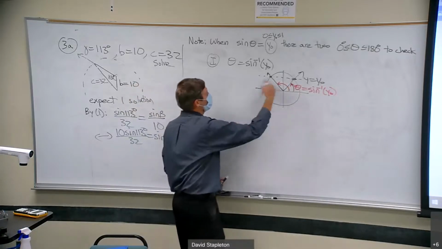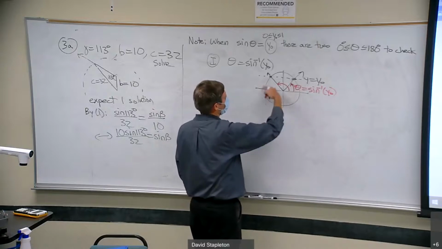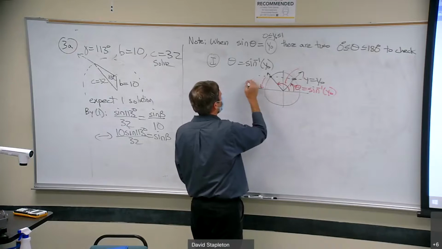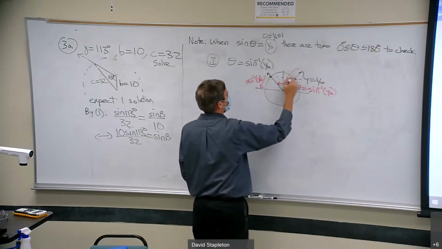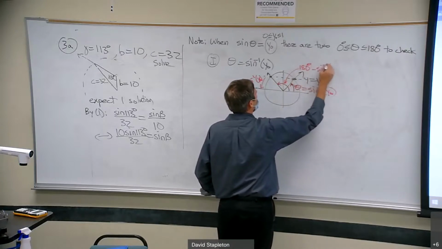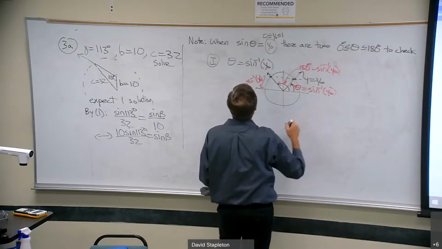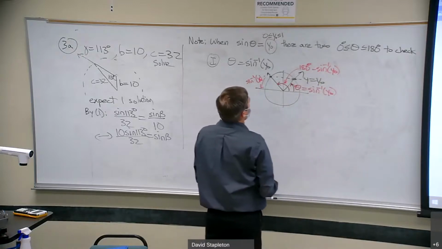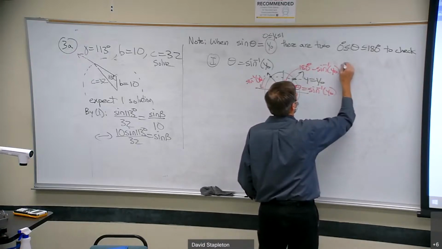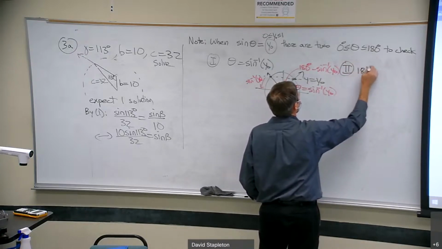Yeah, pi minus that, or we'll call it, since we're doing degrees, 180 minus it. Yeah, because this angle by symmetry has to be also the arc sine. So this angle that we're interested in must be 180 minus the arc sine. So there are two angles to check. One is the arc sine, and the other one is always 180 less the arc sine.